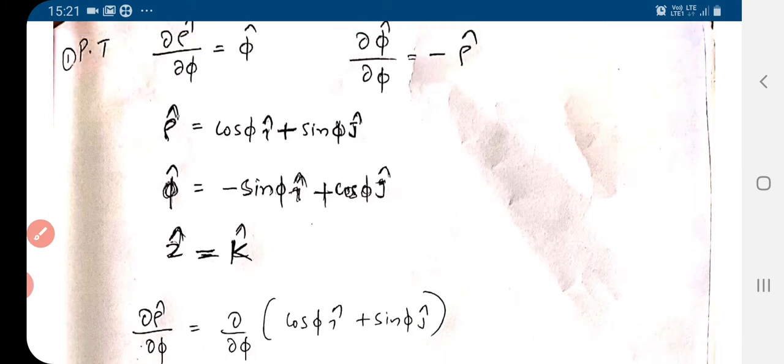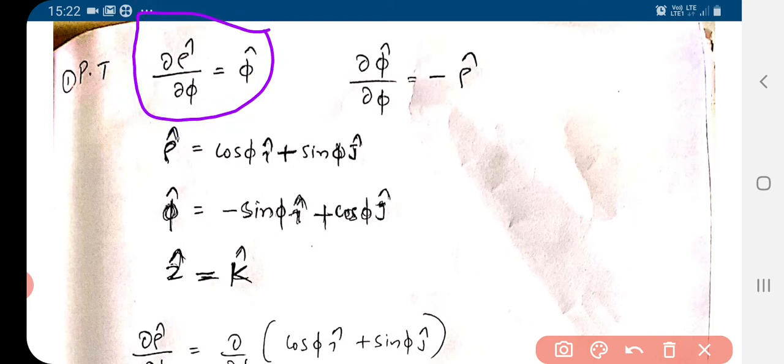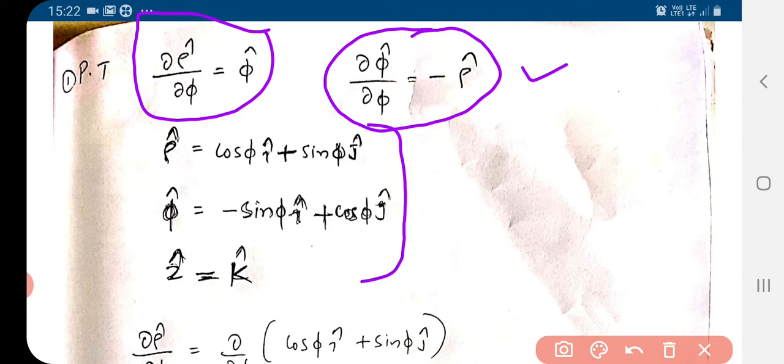Then we want to prove this: the derivative of unit vector rho with respect to phi is equal to unit vector phi, and the derivative of unit vector phi with respect to phi is equal to minus unit vector rho. So we are going to prove this. Okay.